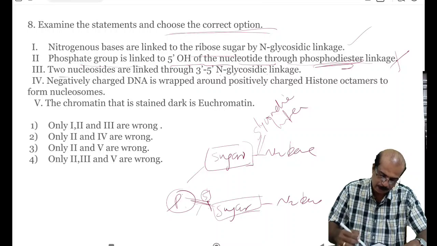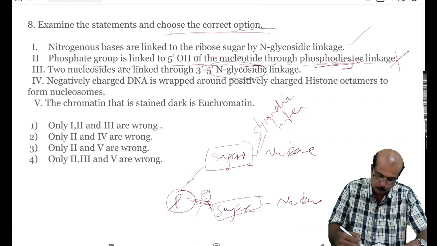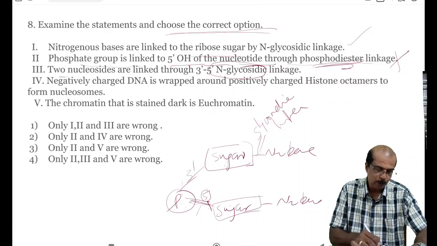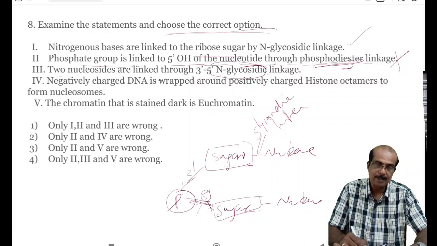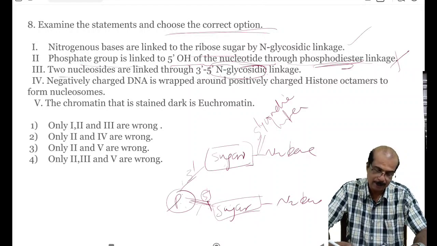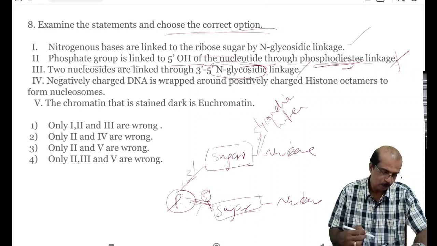Here two nucleosides are linked with a phosphate group with the help of two ester bonds, one with 5 prime and the other with 3 prime. Here two nucleosides are linked through 3 prime 5 prime phosphodiester linkage, not a glycosidic linkage. This statement is also a wrong one.